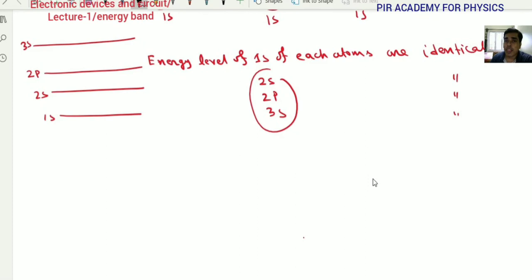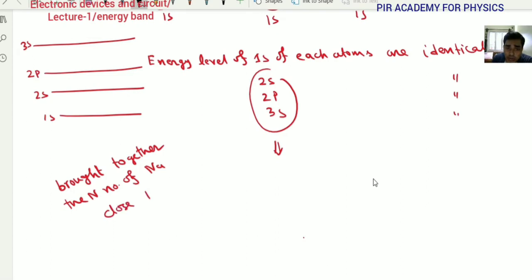This is the energy level of isolated atoms if the sodium atoms are placed far from each other. Now if I bring together n number of sodium atoms close to each other, then what happens?